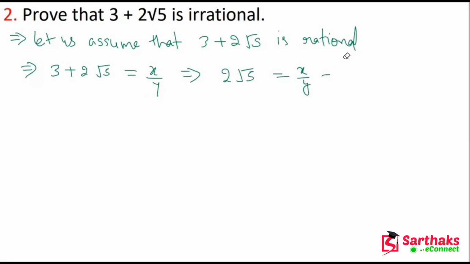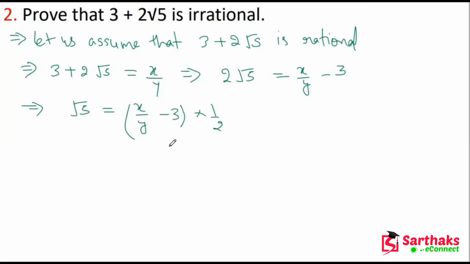So under root 5 is equal to x upon y minus 3, into 1 upon 2.